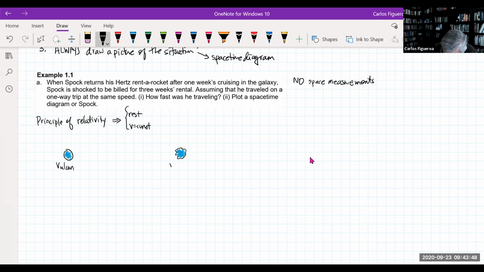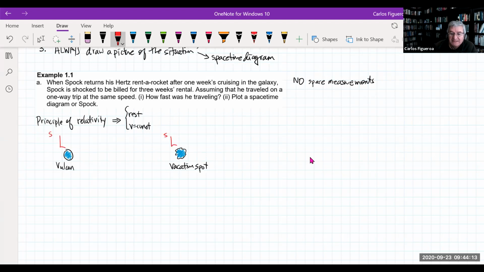Let's call this vacation spot. And what they really tell you when you think about this vacation spot and Earth and this Vulcan here is that they're actually in the same frame of reference. Okay?